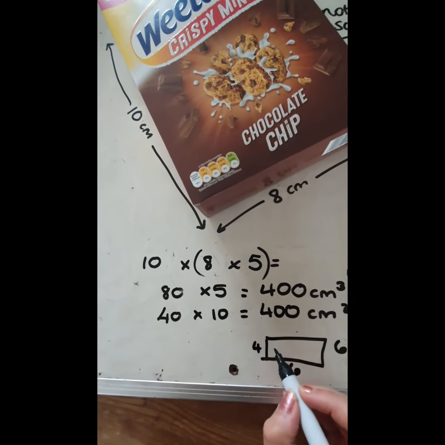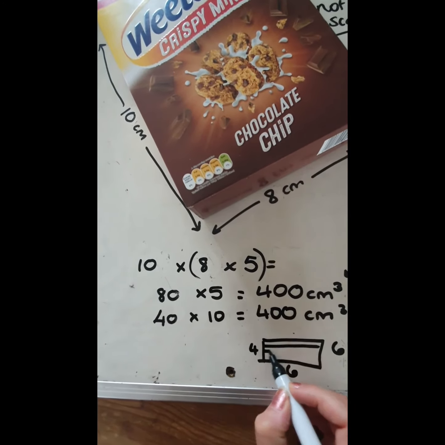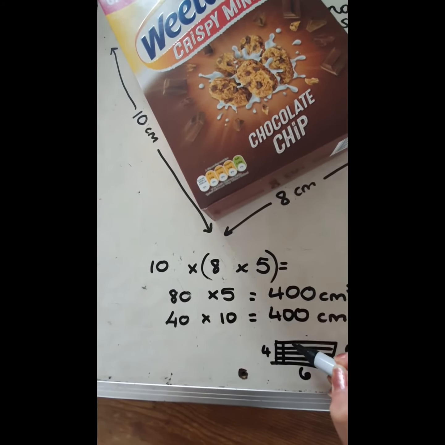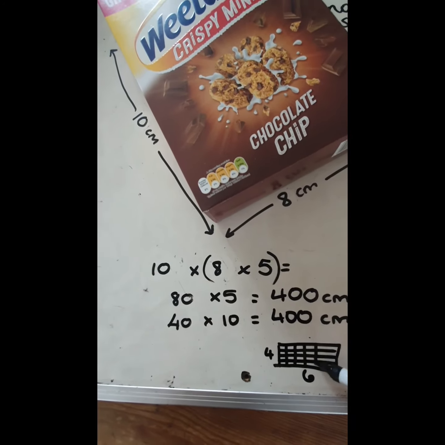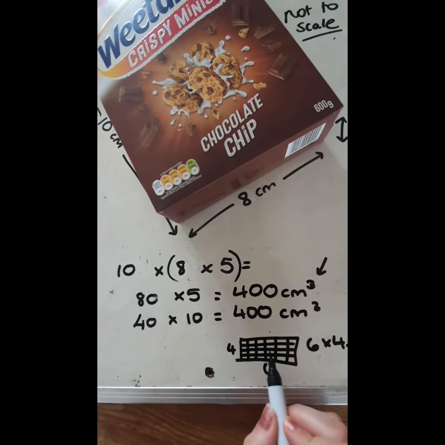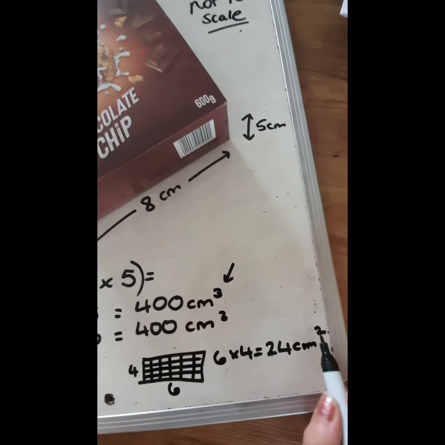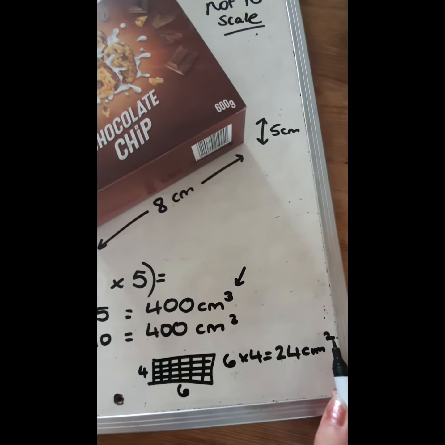And that's because if I was to split my shape into 4 rows this way and 6 columns this way, I would have 24 squares inside my rectangle. And the 2 is a symbol for squares.